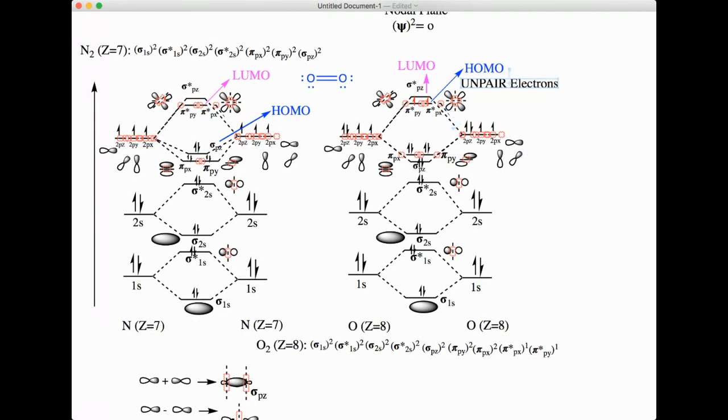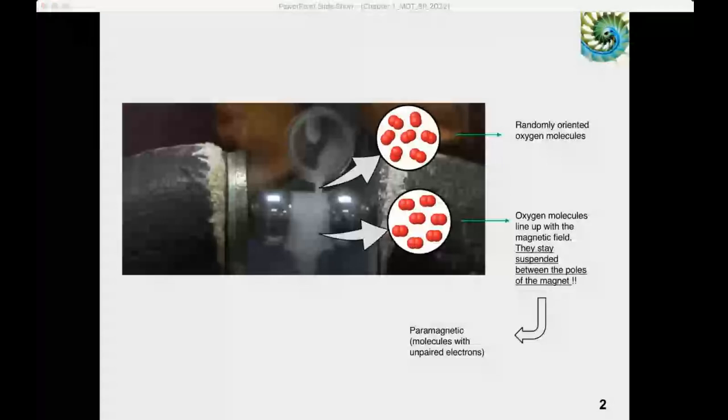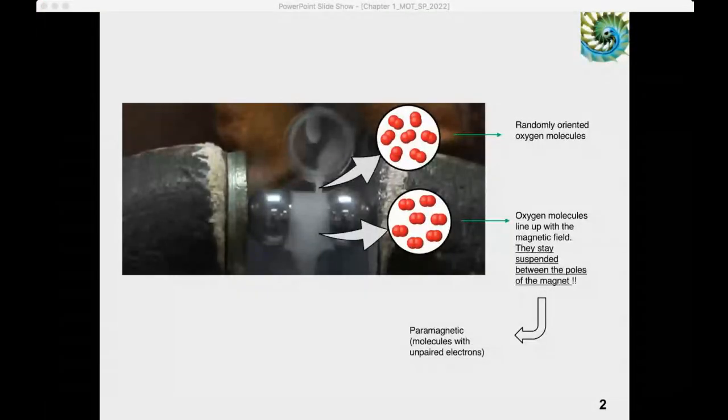When you do the experiment, and I'll show you the slide now, you can flush liquid oxygen through the 2 poles of a magnet.